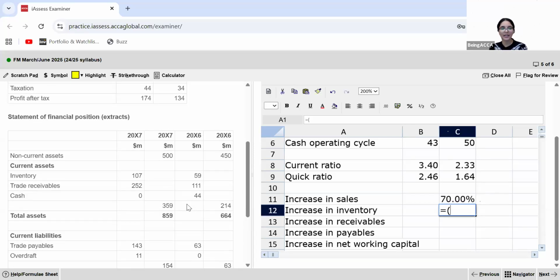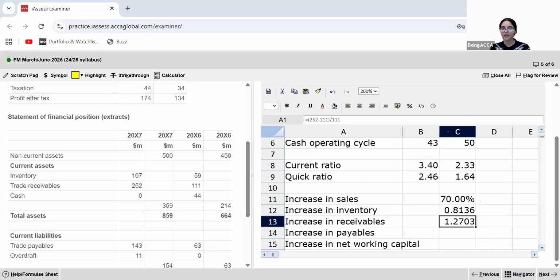Inventory earlier was 59, now it is 107. So 107 minus 59, divided by 59, the original number. This is the increase in your inventory. Same you can do with receivables: 252 minus 111, divided by 111. Have we done this correctly?